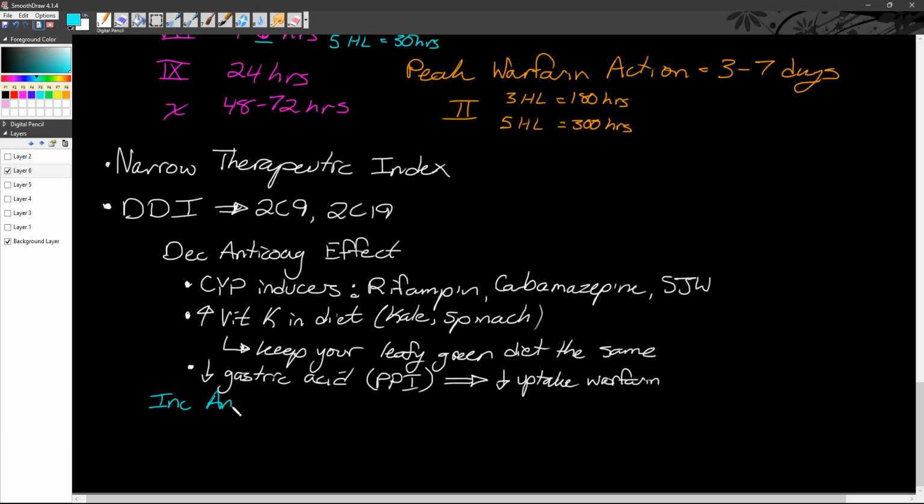In terms of increasing the anticoagulant effect, right? So decreasing the anticoagulant effect is going to put someone at risk of clotting, whereas increasing that effect is going to put them at risk of severe bleeding. And so this would be tons and tons of CYP inhibitors.